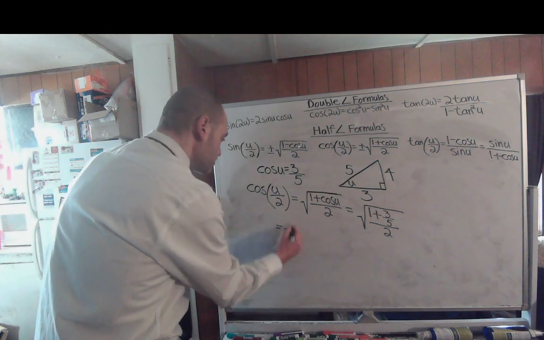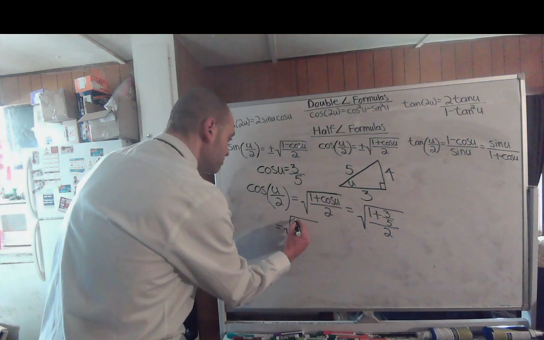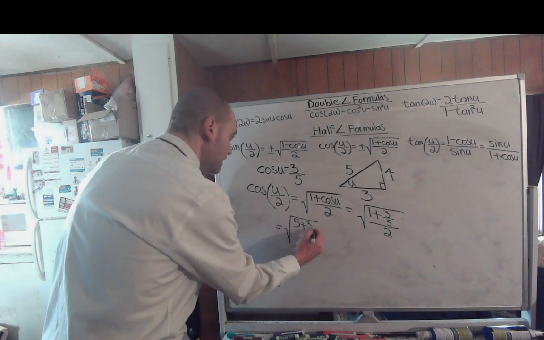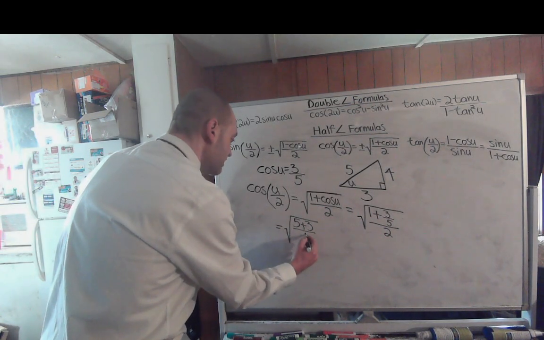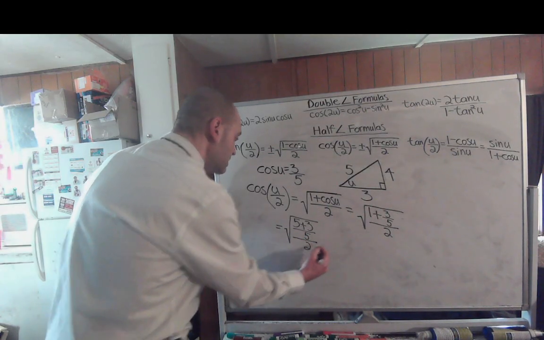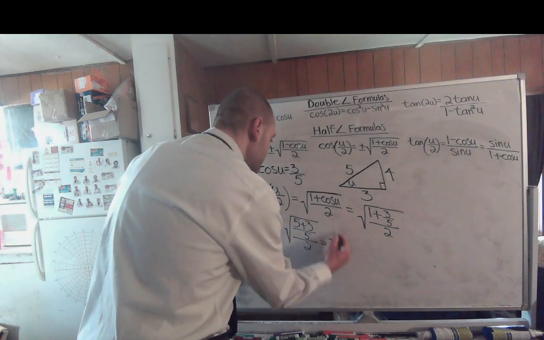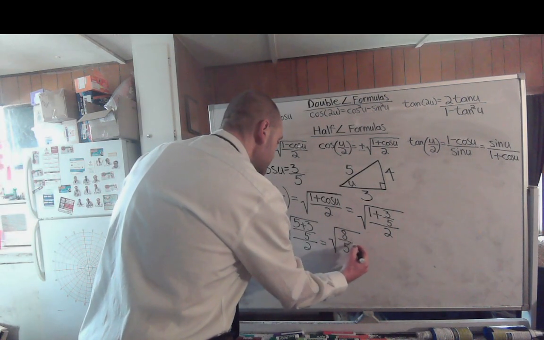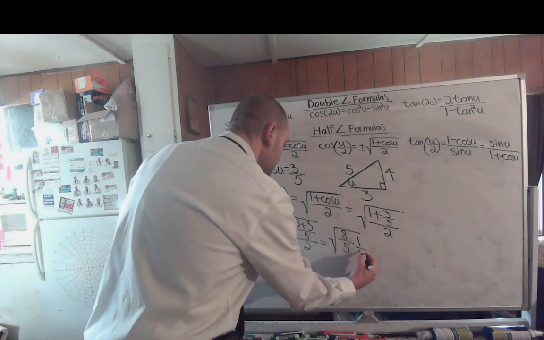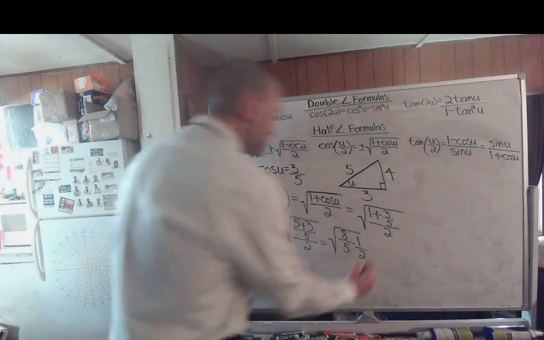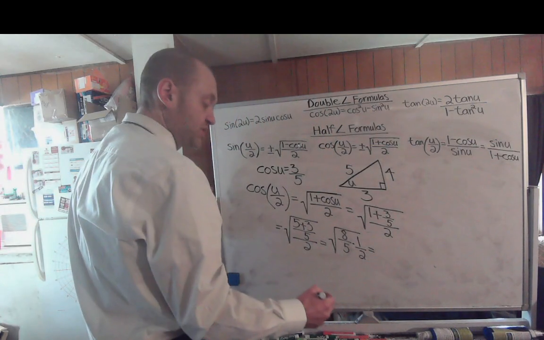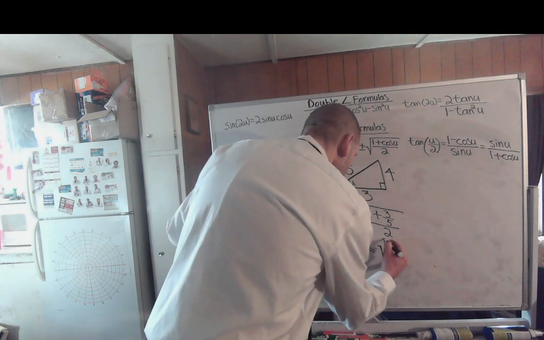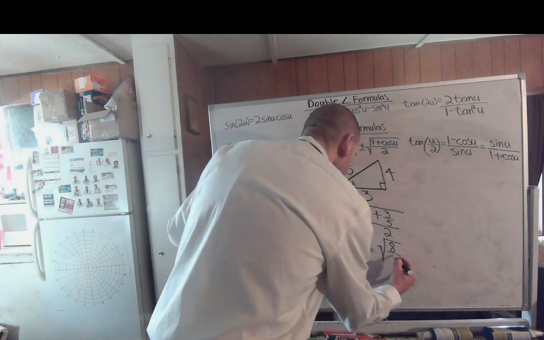Which would equal the square root of 5 plus 3 all over 5, all over 2. So this is going to be the square root of 8 over 5 times 1/2. Well, this would just turn into the square root of 8 over 10.